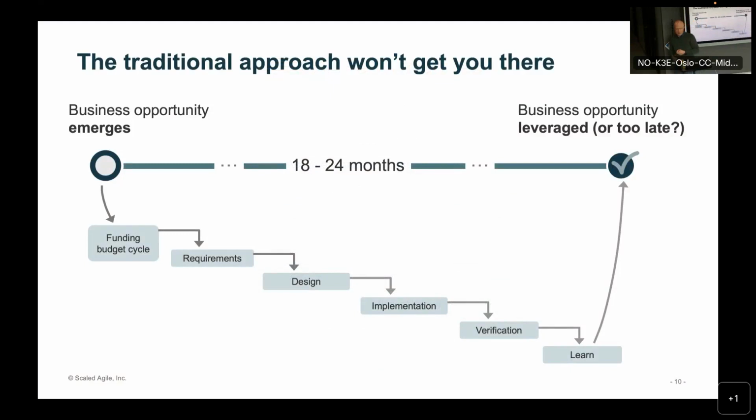That's when we learn if this worked, if it fit the customer need, if we actually were on target, right? And the problem that a lot of companies are facing is the time it takes to do this through these various steps. So it could be like 18 to 24 months. That's way too long to actually just validate that your hypothesis or your idea was right. So this is what we're basically trying to shrink down.